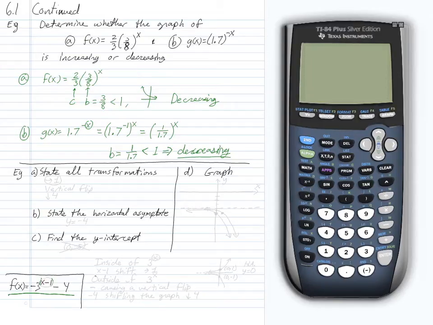So I like to categorize things sometimes. Outside of the basic function, remember the basic function that we're basing this all off of is going to be, I think, 3 to the x. Okay, so outside of the base to the power, 3 to the x, we have a negative, causing, remember what multiplying a function by a negative, this is negative 1 times 3 to the x minus 1, a vertical flip.